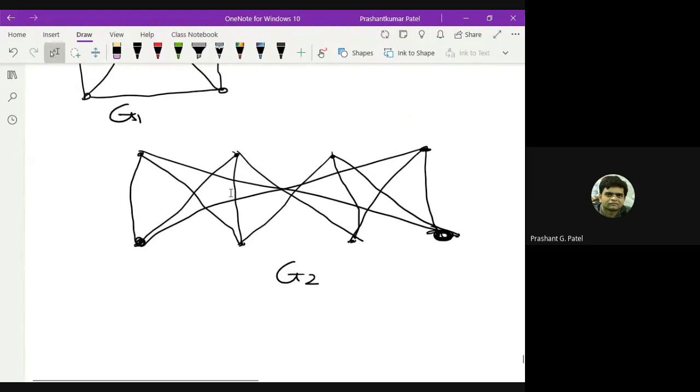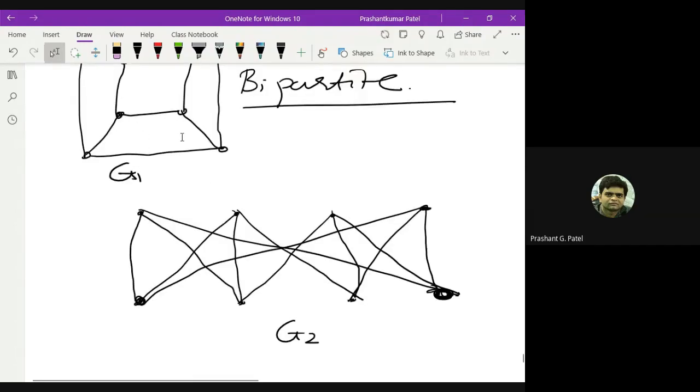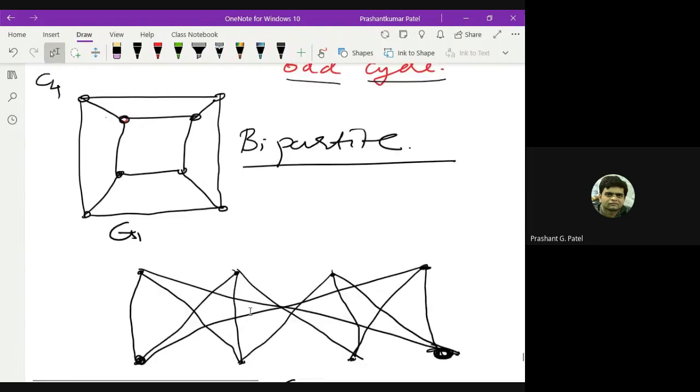You can also check that this graph does not contain odd cycles, so it is also a bipartite graph. G1 and G2 are actually isomorphic graphs, just plotted in a different manner.